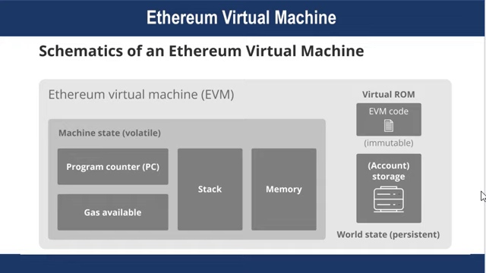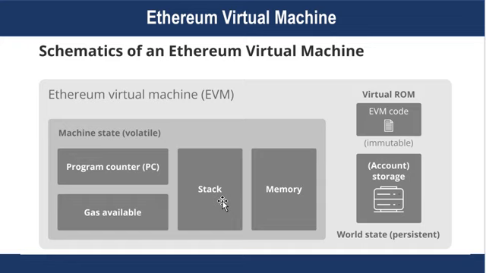Ethereum provides three types of space in the EVM for operations to access and store data. Stack is the first one. Stack is a last in first out container with a fixed size and a maximum depth of 1024 items, to which values can be pushed and popped.